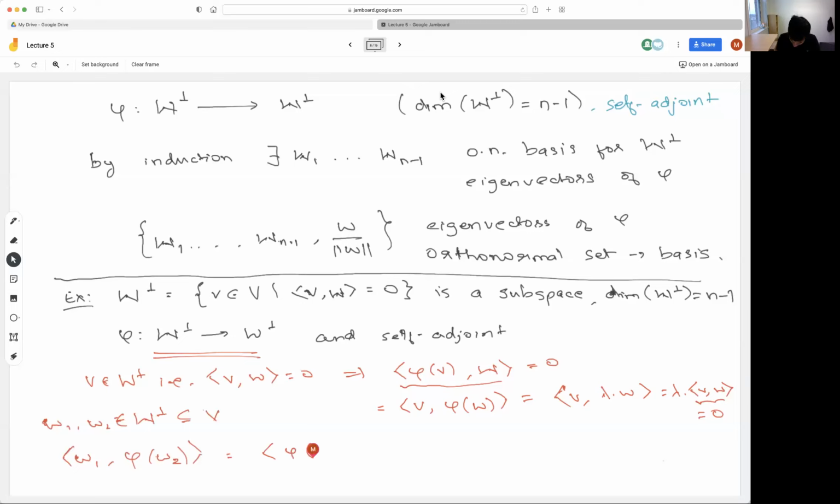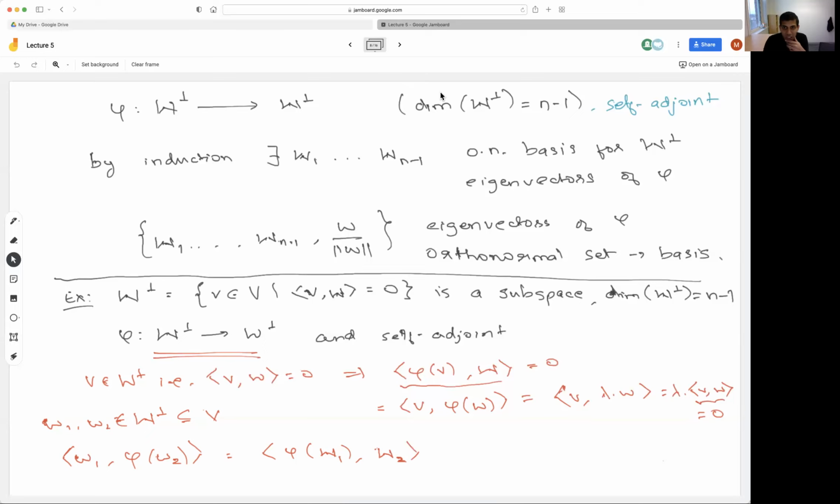So this is just following the definition of self-adjointness again. So for any two vectors in the space V, I can do this. So in particular for two vectors in the space W perp, I can do this. Okay. Any questions about this part?